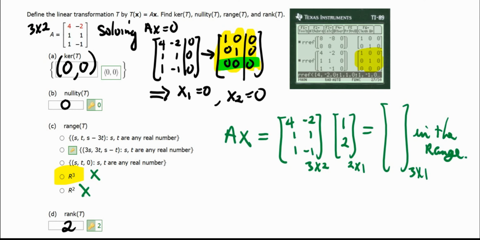Okay. So we multiply that. Remember, it is row times column. So this is 4 times 1 is 4, minus 4, get 0. And then 1 times 1 is 1, plus 1 times 2, so it gives us 3. And then this is 1 minus 2, so that gives us negative 1.